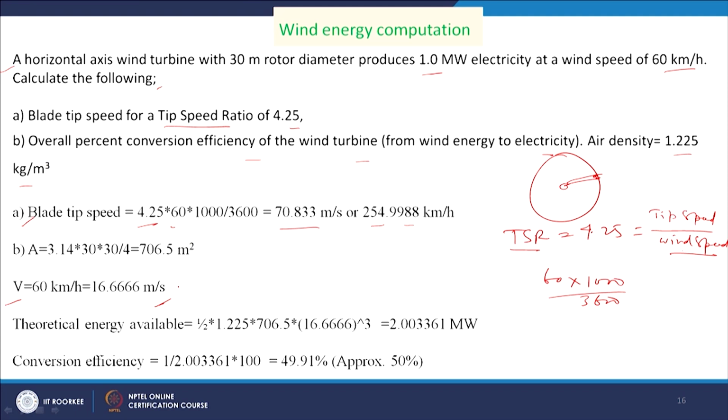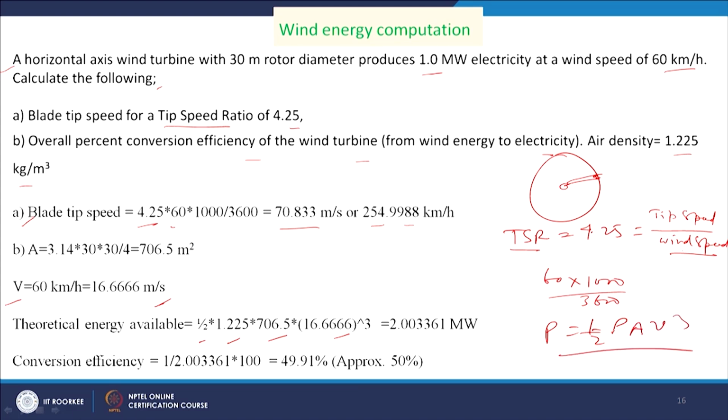Then what will be the theoretical energy available? Half into, we need V cube and we need A and we need rho. So, P is equal to half into rho into A into V cube.